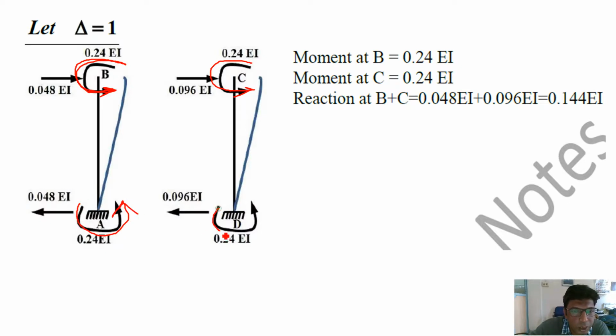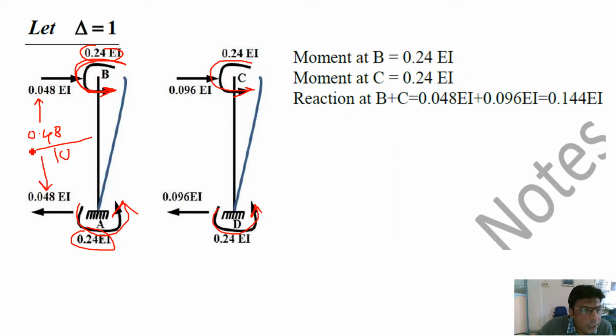These are the moments now. To find out reaction due to moments, it is sum of moment divided by span. Anti-clockwise means plus 0.24 plus 0.24, it is 0.48 divided by span 10. Answer is 0.048.